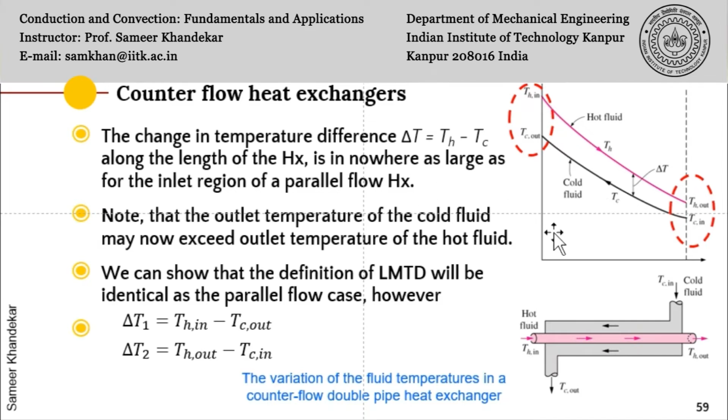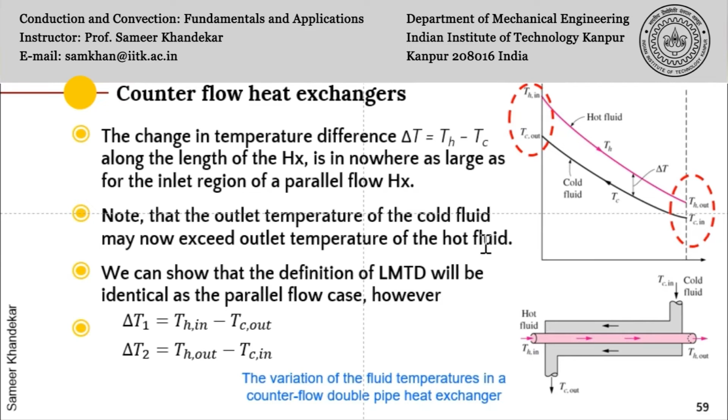So naturally, at the inlet side in the parallel flow, the delta T, which I have circled here with a dotted ellipse, is pretty large, and this inlet of the cold is on the left hand side in a parallel flow heat exchanger. Note also that the outlet temperature of the cold fluid may now exceed the outlet temperature of the hot fluid. This is also possible in a counterflow heat exchanger.